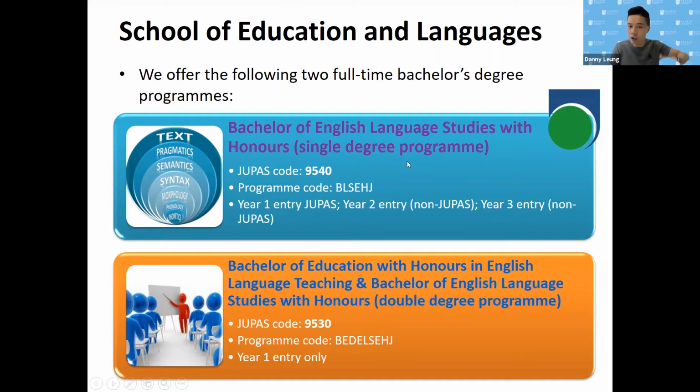Whenever I refer to the English single degree today, I'm talking about this Bachelor of English Language Studies with honors degree, and the JUPAS code is 9540. If you're really interested in this program, make sure you remember the JUPAS code 9540 for the English single degree program.